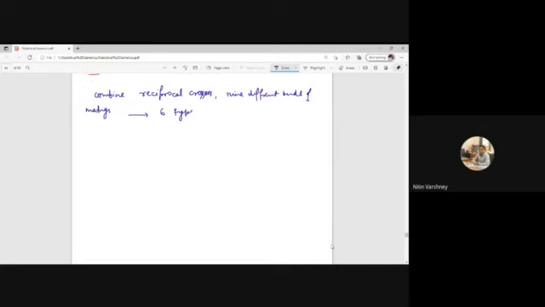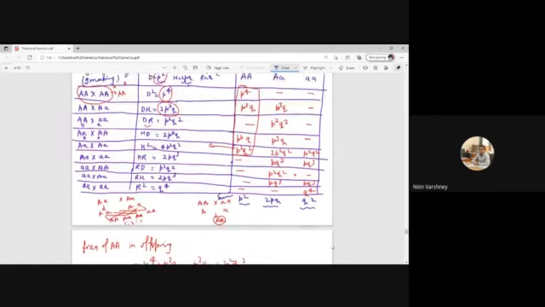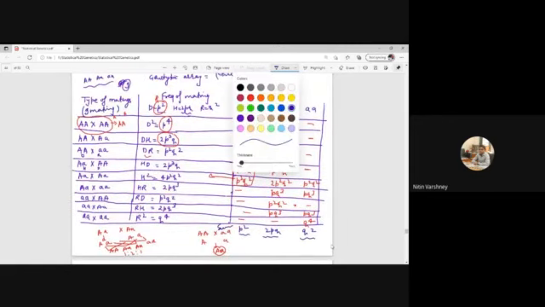So this question can come in the exam: if we combine all the reciprocal crosses, then how many types of matings will there be? There will be 6 matings. Now I will tell you how. See here, these are 9 different types of matings.